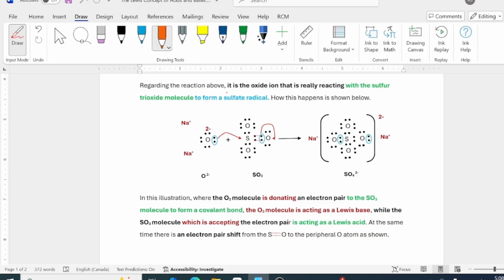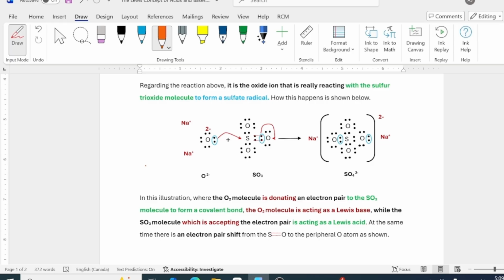Regarding the reaction above, it is the oxide ion that is really reacting with the sulfur trioxide molecule to form a sulfate radical. And this figure here is used to illustrate how that happens. Recall that sodium oxide is formed by an oxygen atom receiving 2 electrons, one from each of 2 sodium atoms.